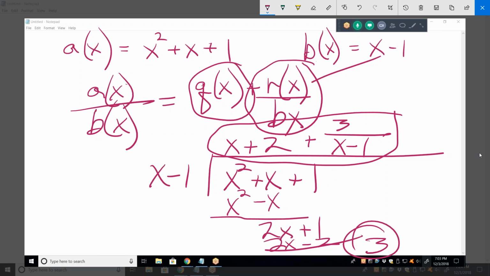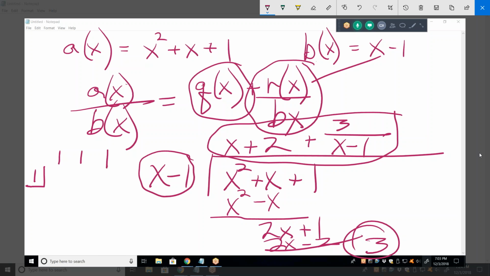Okay? Now, just to show you a little bit about synthetic division, over here, I put the 0 for that factor, which is a positive 1. And across the top, I put the coefficients of the polynomial that I'm dividing into.